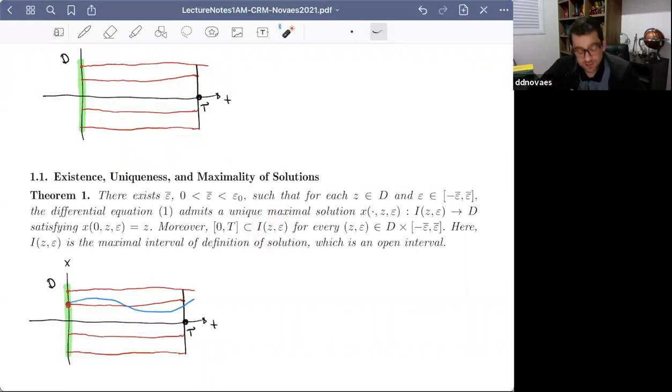So for each initial condition, we can always take a time which is strictly bigger than T. And analogously, here we also have the solution defined for times smaller than 0. This is important because, since I want to study T-periodic solutions, the first thing I need is to be able to compute the solutions over the period.